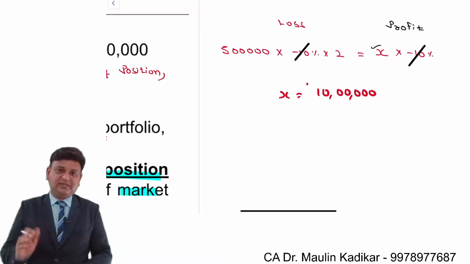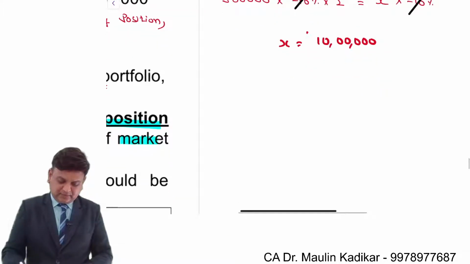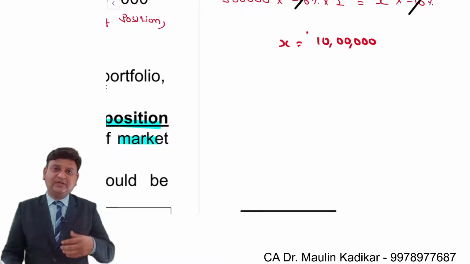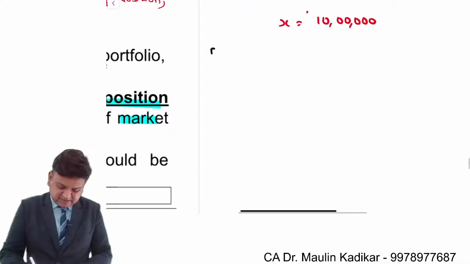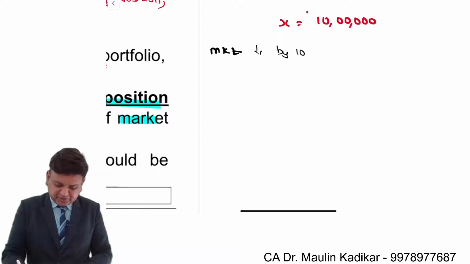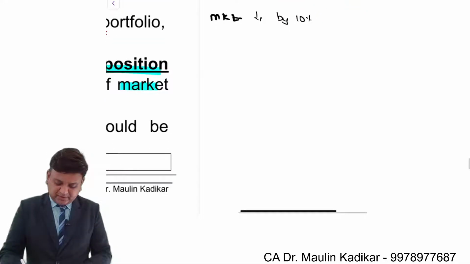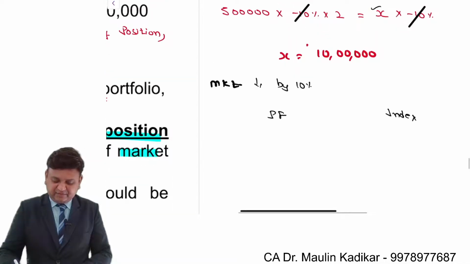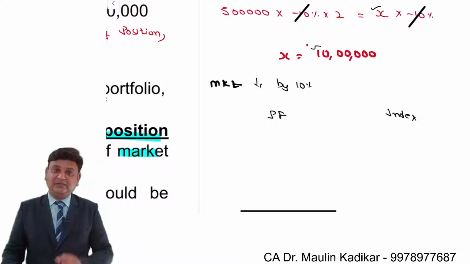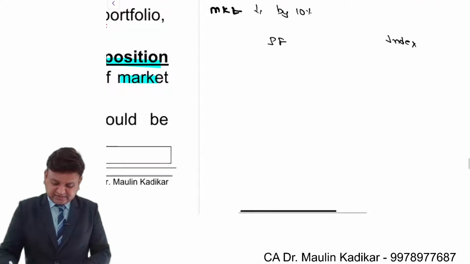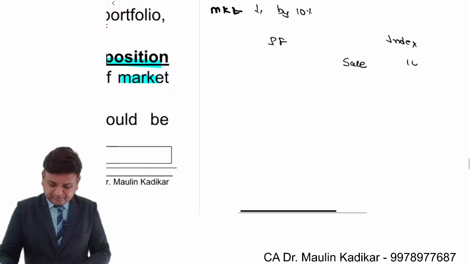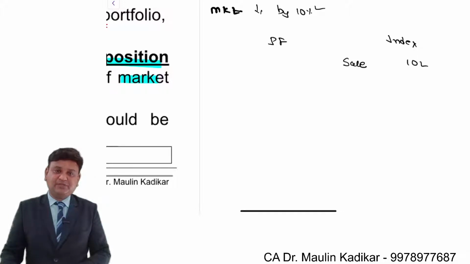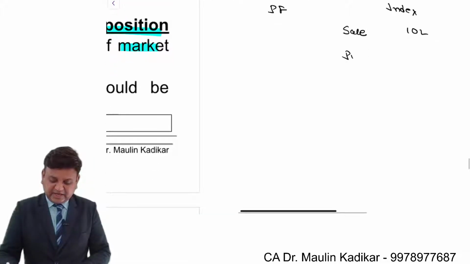Okay, let us have further understanding like this. Let us say that as per our expectation, the market is falling down by 10%. So what will happen? I have entered into a transaction for a short index future for an amount of 10 lakhs. The market is falling by 10%. So I will purchase the index for rupees 9 lakhs.